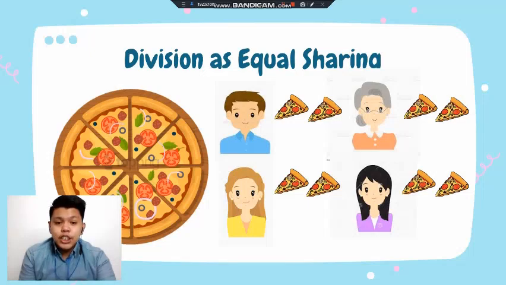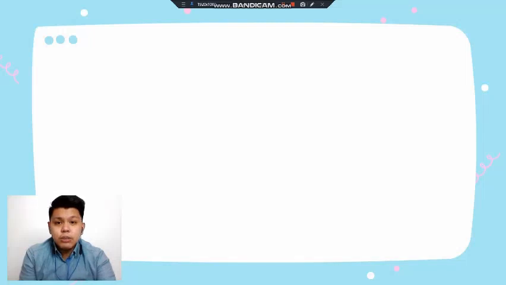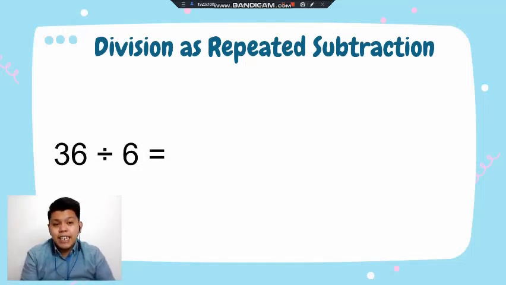Let's move on to our next one. The next one is division as repeated subtraction. So for example, I have here 36 divided by 6. Now what do we do again?